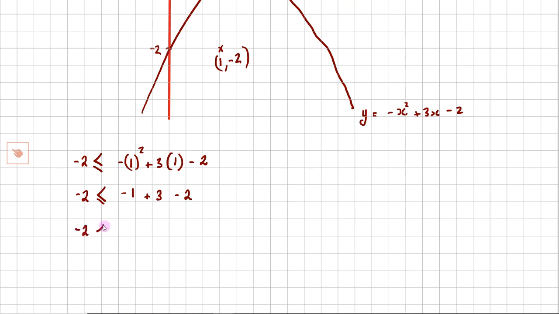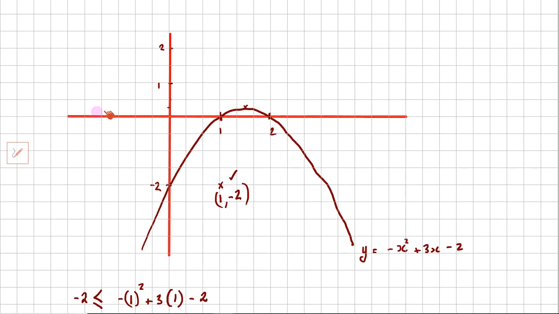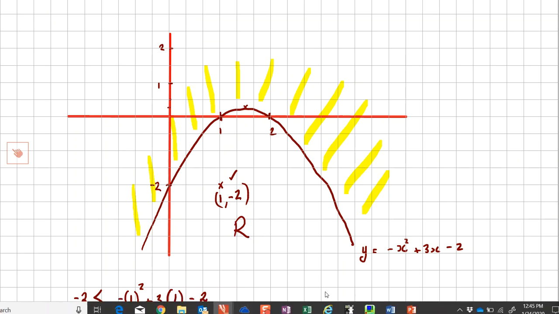So I've got negative 2 should be less than or equal to 0. So yes, I'm right. So this is the one I'm allowed. So that would suggest the region that I'm not allowed is above. So I'm going to shade that. All right. So this here would be my R region. Make sense? Yeah.